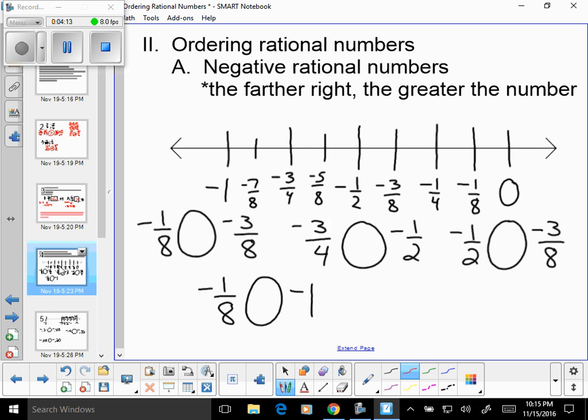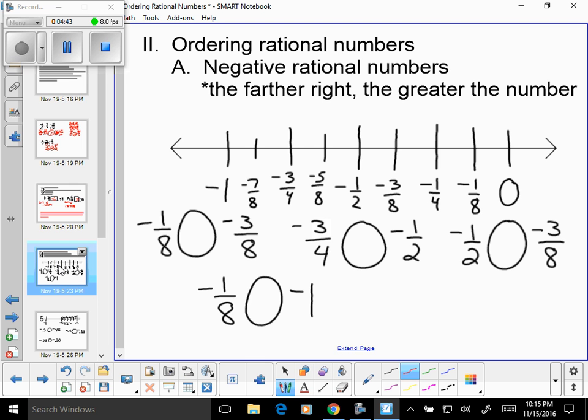Okay, we are going to order rational numbers, and in particular, we're going to be looking at numbers to the left of 0. Any negative number, you know, is less than the positive numbers, but what happens if we start getting some of these rational numbers? So in this particular diagram, I've showed you, well, what happens if we are comparing -1/8 with -3/8.